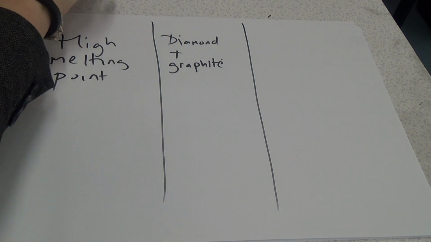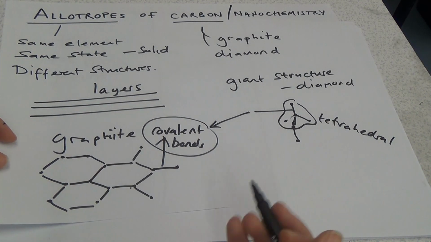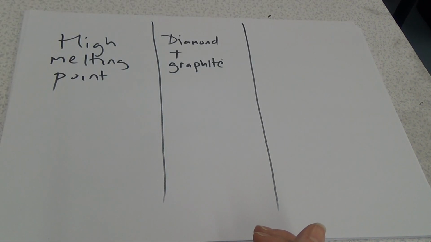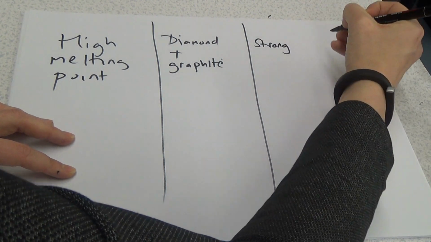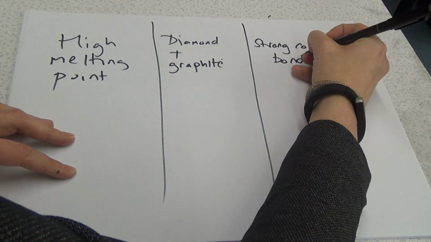If you remember, we said that the things that hold the carbon atoms together are basically covalent bonds where electrons are shared. So in the case of diamond and graphite, the high melting point is due to the fact that these covalent bonds are really strong.